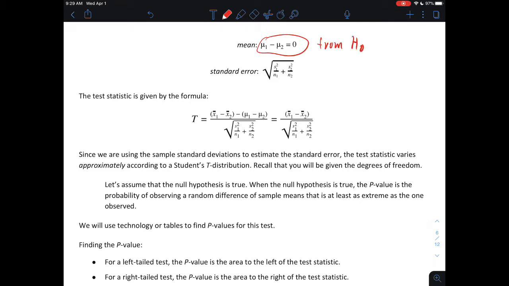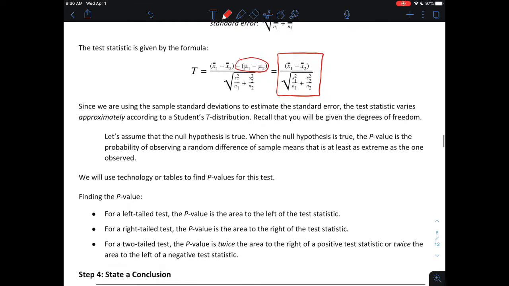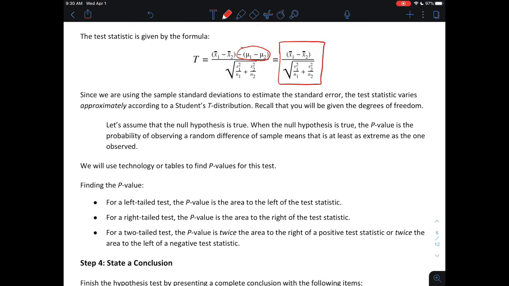Then subtracting that just means we're really subtracting 0, which is why that T formula just becomes this simplified version. Since we are using the sample standard deviations to estimate the standard error, the test statistic varies approximately according to a student's T distribution. Recall that you will be given the degrees of freedom, and you're also going to be provided with a table of T-scores, or maybe even provided with that also.